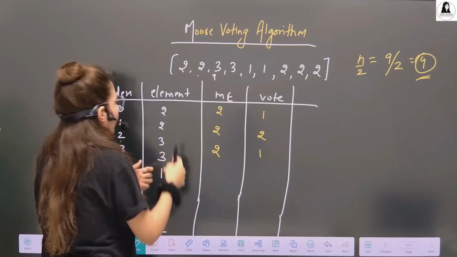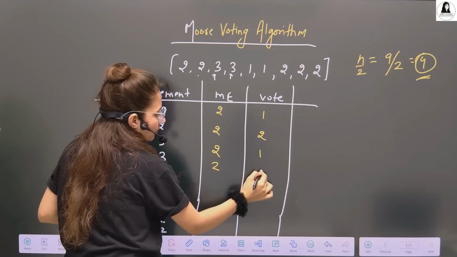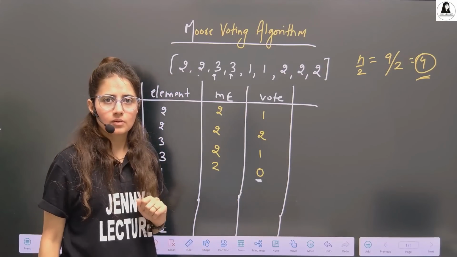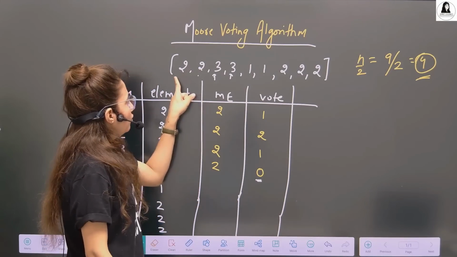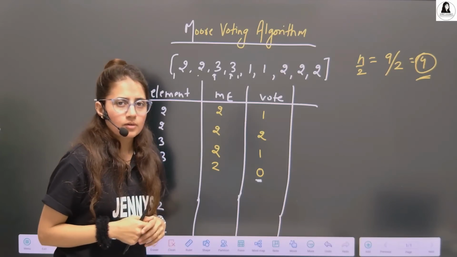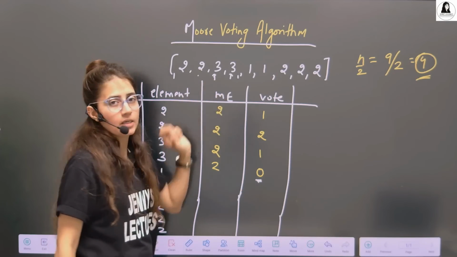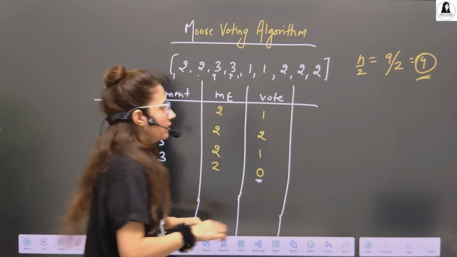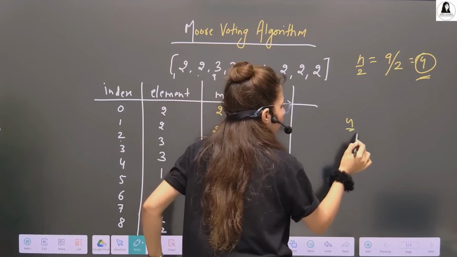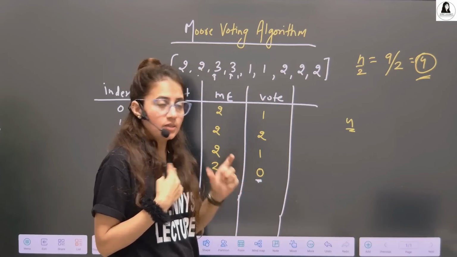Okay, let's see. Next element is again 3. Majority element is 2, but decrease it by 1, so it becomes 0. Now, as soon as it becomes 0, it means it cannot be the majority element. So till here we are done. If it gets 0, it definitely is not a majority element in this array. Because if I am having these 6 elements here, to be a majority element, that element should be present 3 times at least.